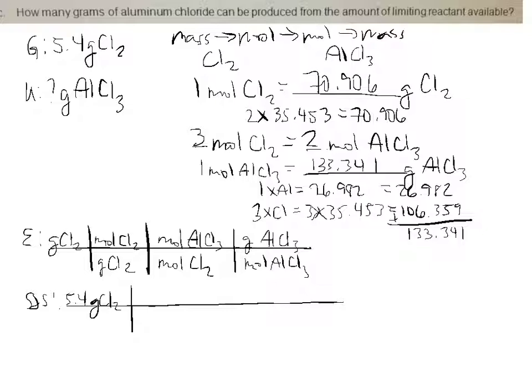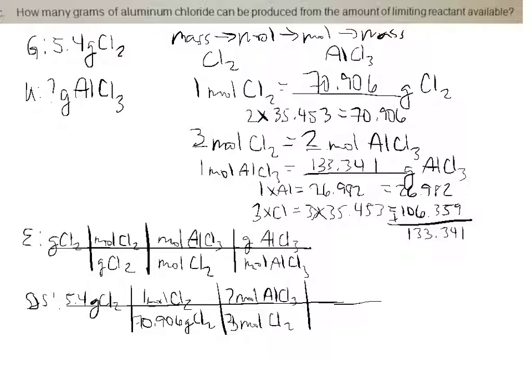So then we just start using our equivalent statements. 1 mole of chlorine to 70.906 grams of chlorine. And then we're on to our second one, 3 moles of chlorine to 2 moles of aluminum chloride. So that means the 2 moles of aluminum chloride has to be on top, and our 3 moles of chlorine gas on bottom.